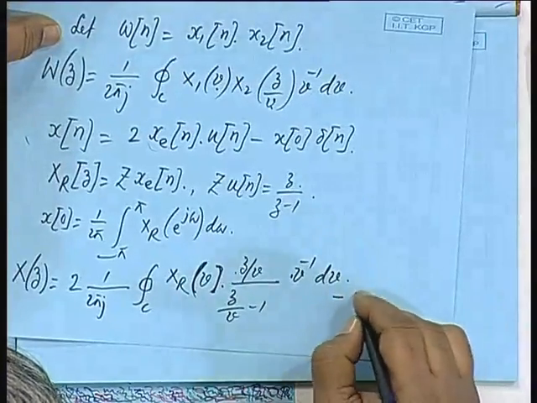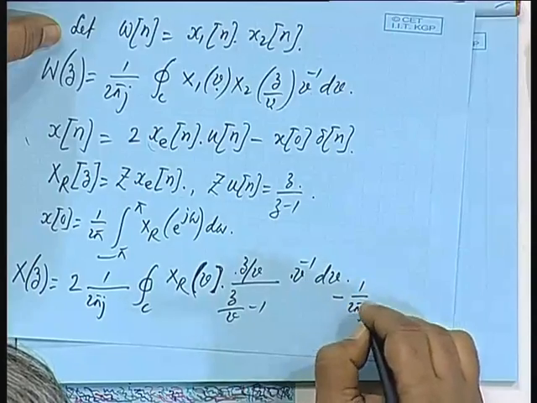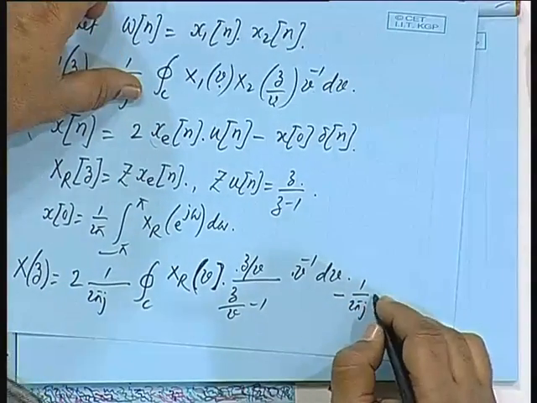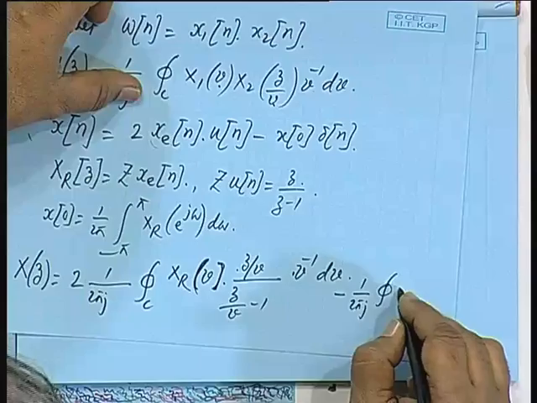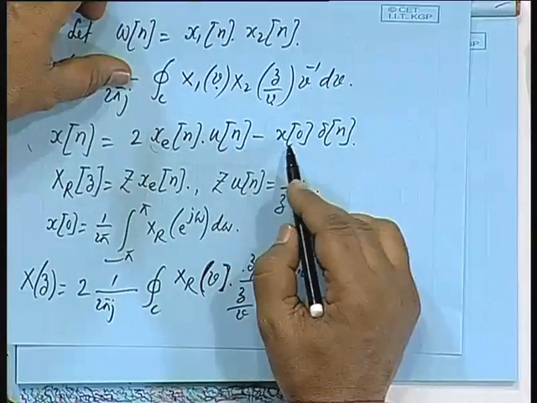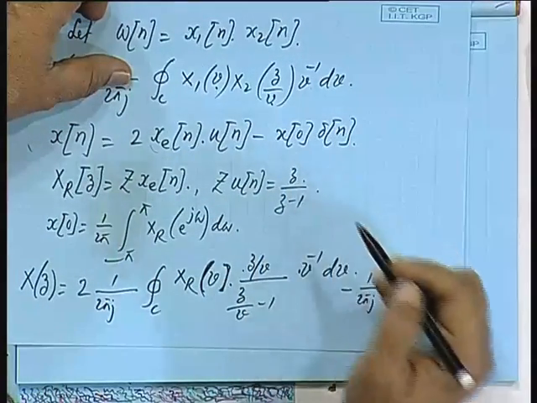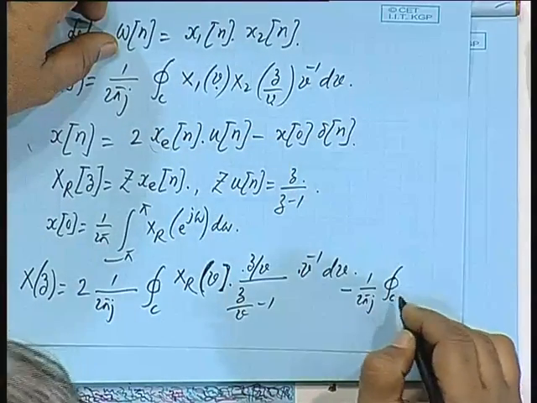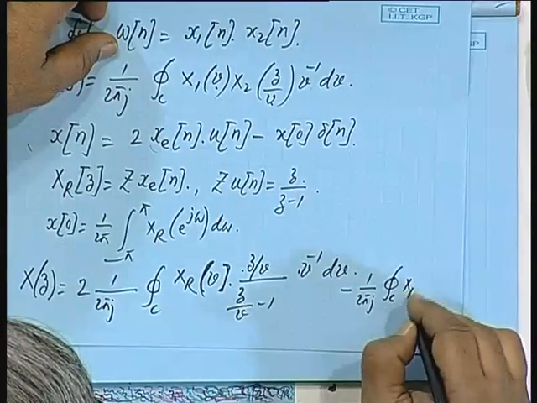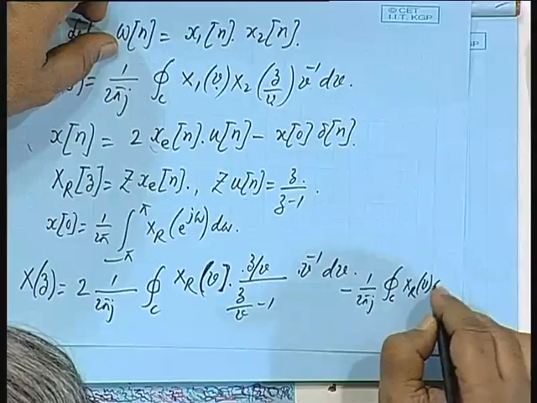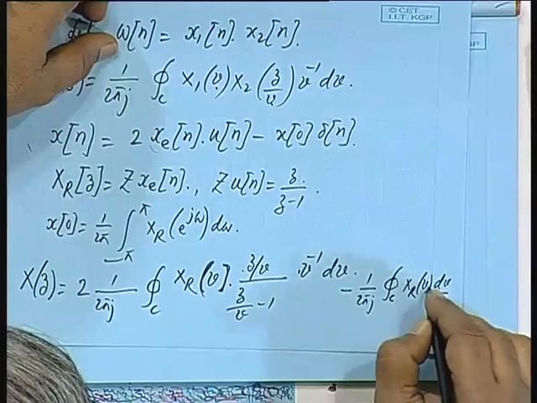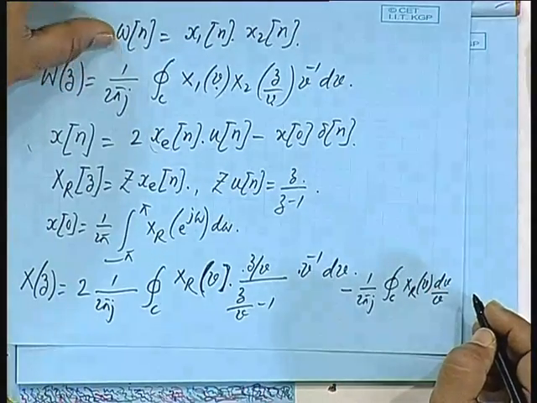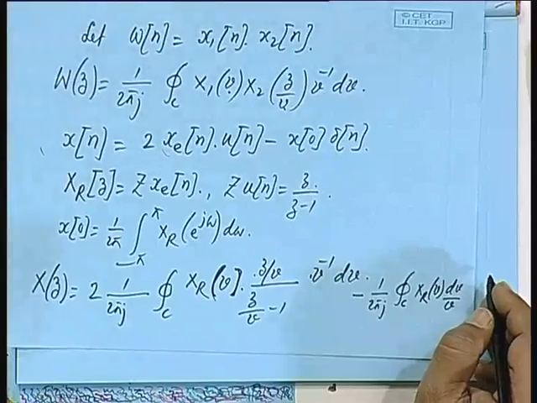minus 1 by 2 pi j, this integration, x[0] delta[n] gives me 1. So, this integration gives me X_R(v) dv by v.